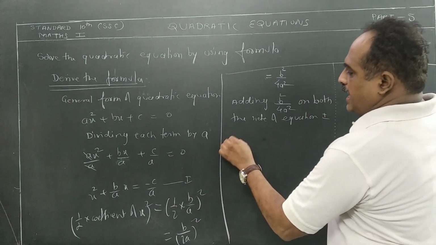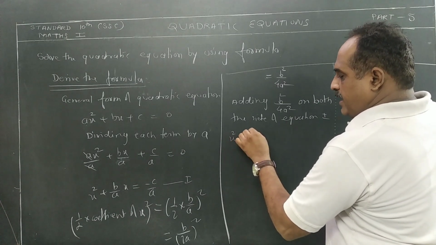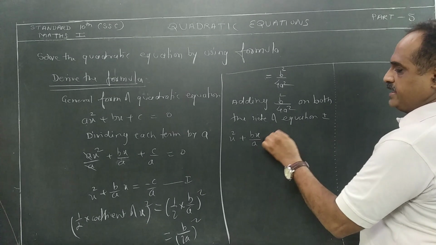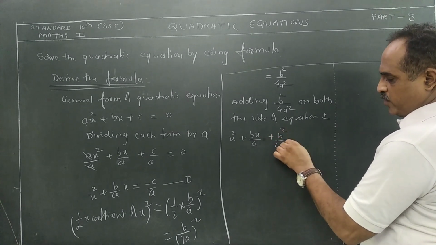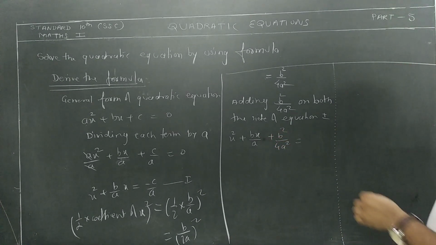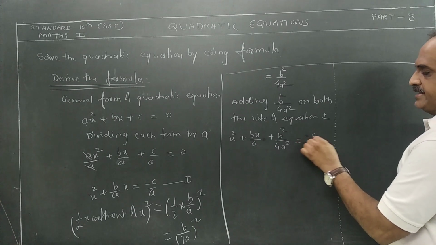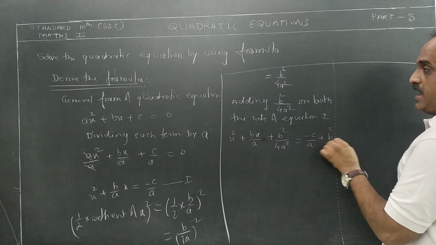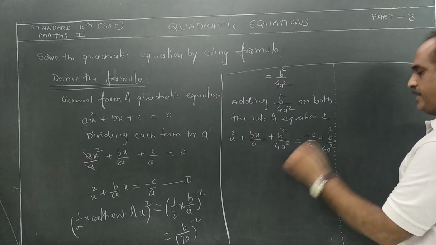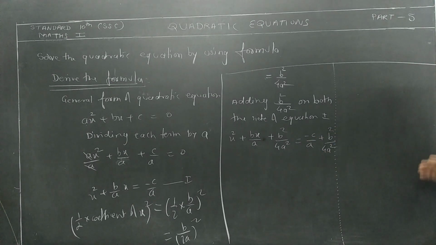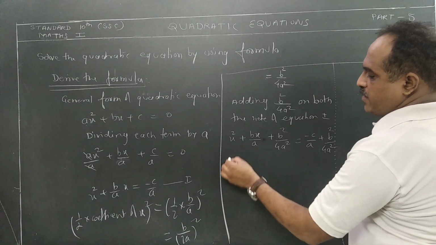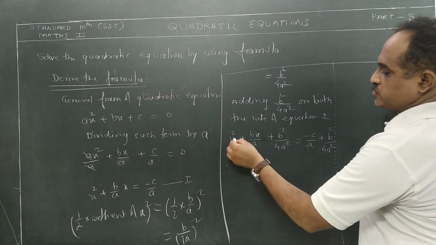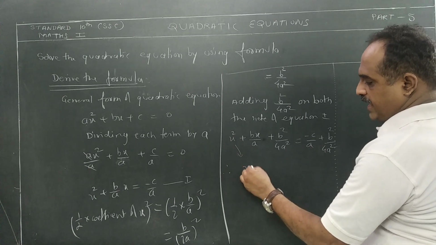What happens? X square plus bx upon a plus b square upon 4a square, and here we are getting minus c by a plus b square upon 4a square. Here, the square root of it is in the form of a square plus 2ab plus b square. So we are going to take the square root of it, x.